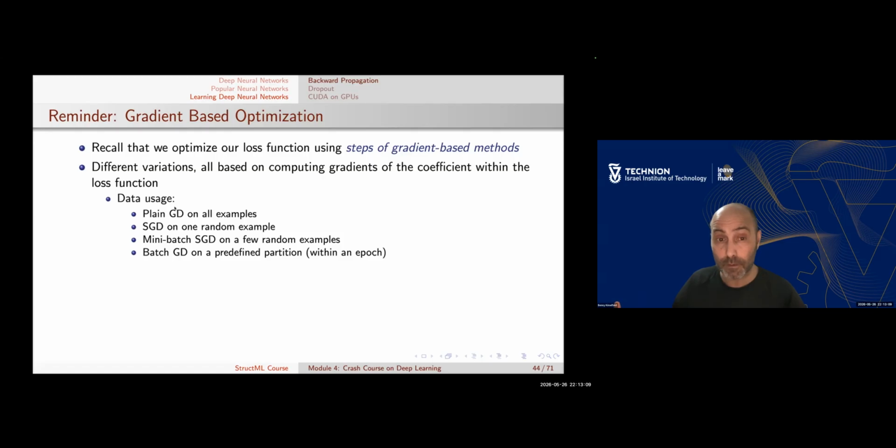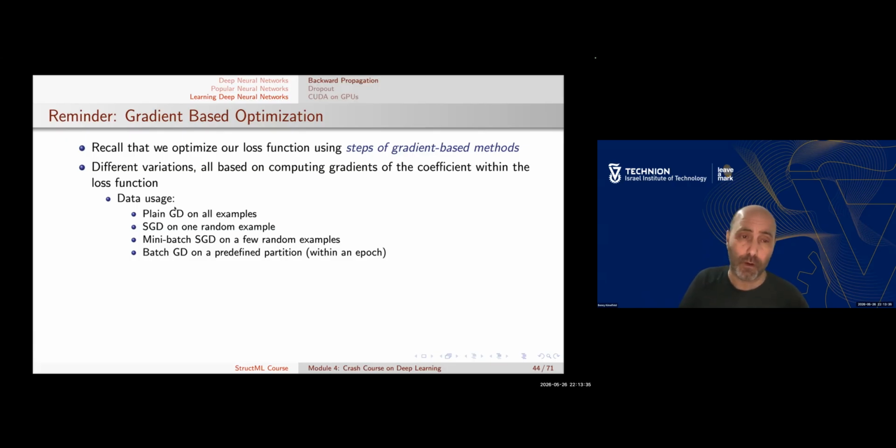Just one random example, like in SGD, or a few random examples, mini batch, stochastic GD? Or we do it on the entire data set, splitting it into batches, and when we are done with all of the batches, that's an epoch, and we can run several epochs. So these are different techniques based on different ways we use the data in our training.